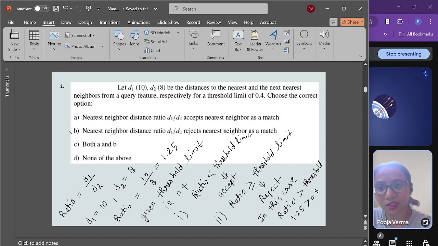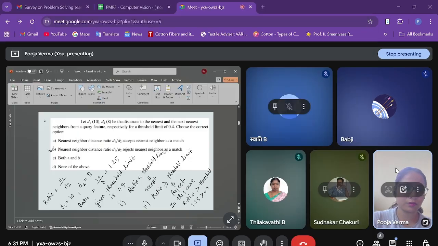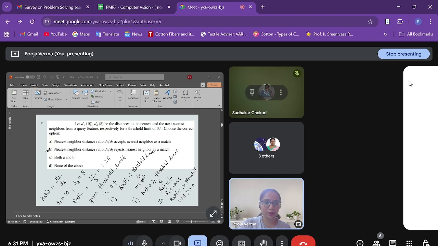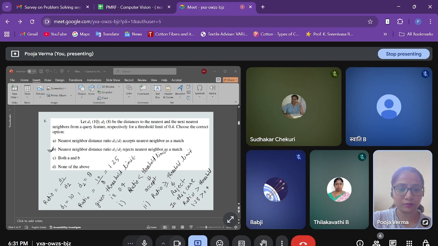So option B is the correct answer: the nearest neighbor distance ratio D1 by D2 rejects the nearest neighbor as a match, because its ratio is greater than the given threshold limit.